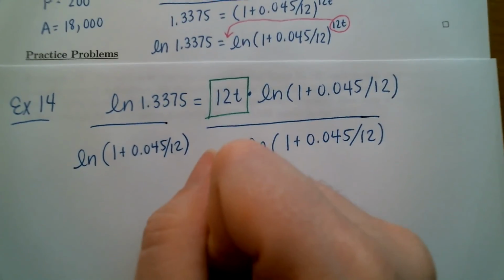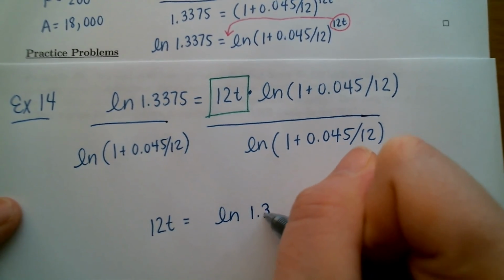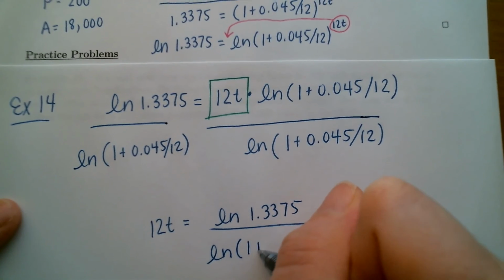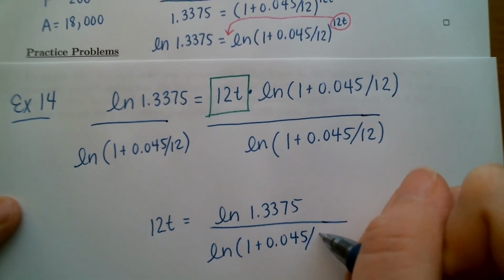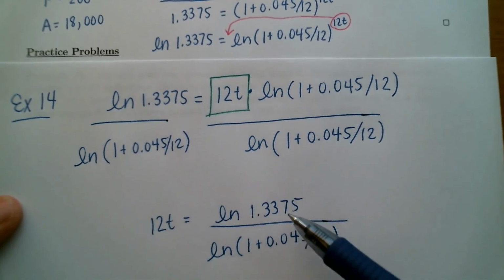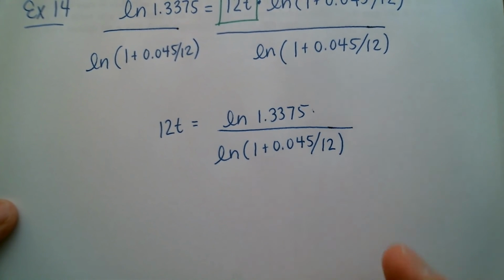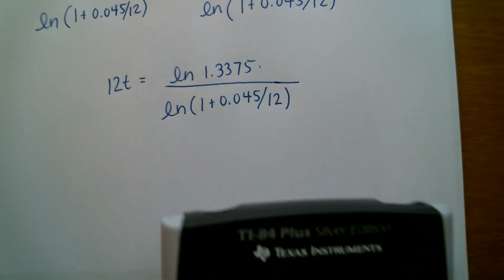And I'll go ahead and rewrite it for clarity. 12t is going to be this logarithm divided by this logarithm. The order in which you divide the logarithms matters. So make sure you understand why this logarithm is in the numerator and this one's in the denominator. It matters.